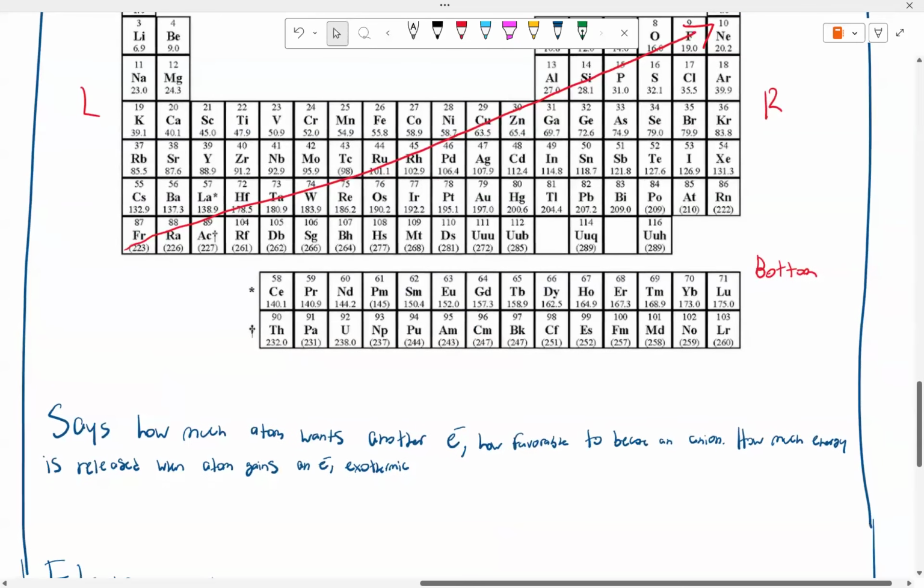It's essentially how much energy is released when the atom gains an electron. Typically it's exothermic. Some of the metals can actually be endothermic, especially francium and the larger ones, since that puts them further away from completing their octet.